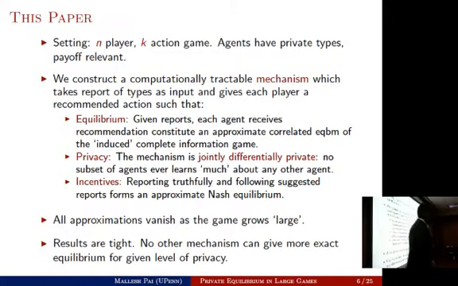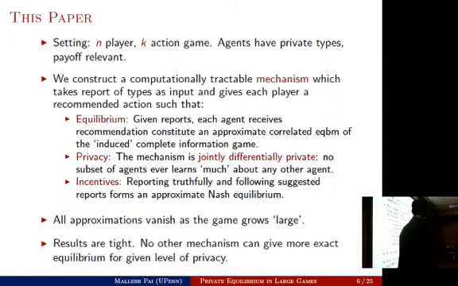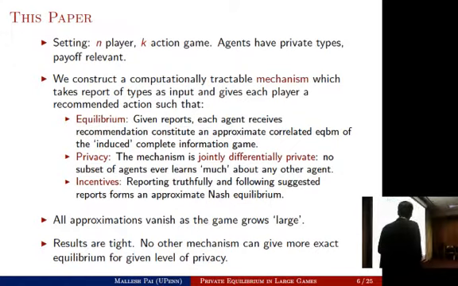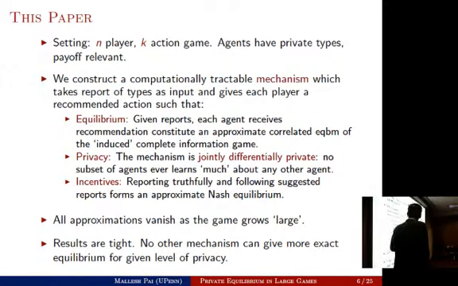What am I going to give you over the course of this talk? I'm going to construct a computationally tractable mechanism. The input is going to be a report of types, one for each player. The output is going to be a recommended action to each player, such that I have the following three properties of this mechanism.